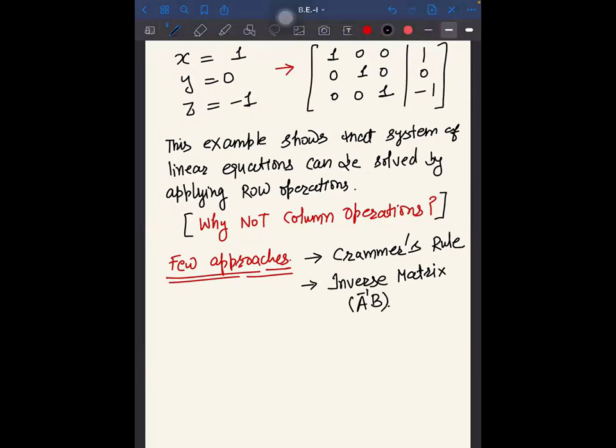So why are we not talking about these approaches over here? That is also another question. My other question is, what are the drawbacks of these approaches?